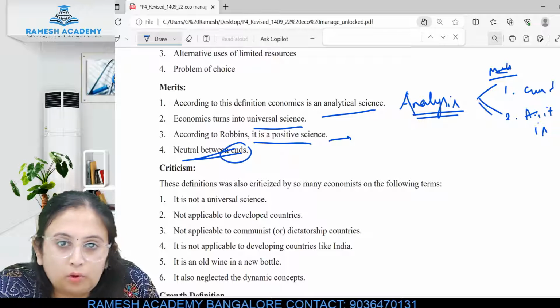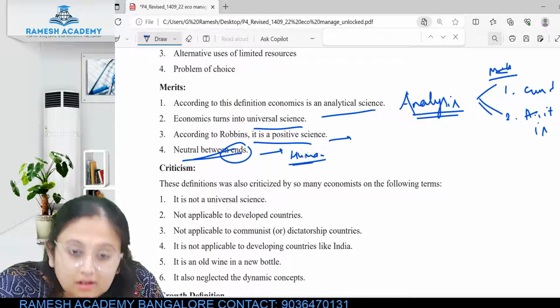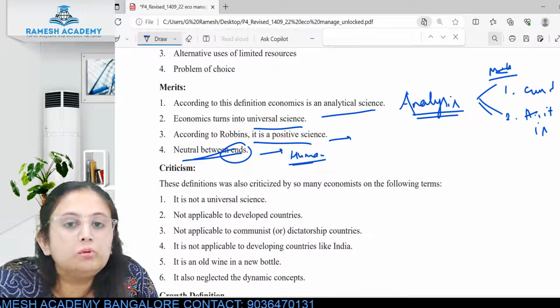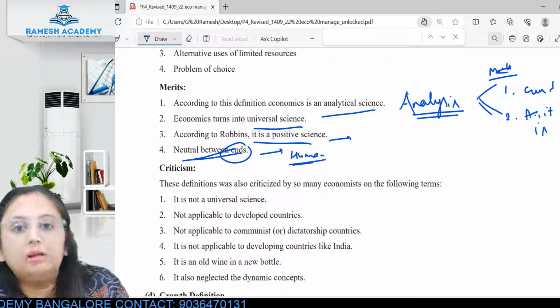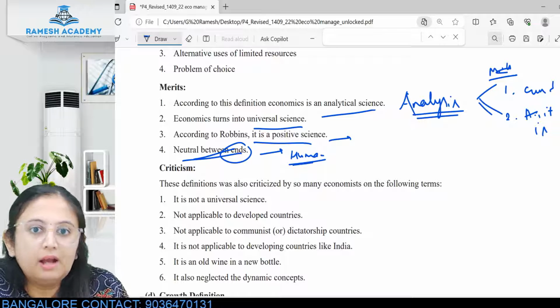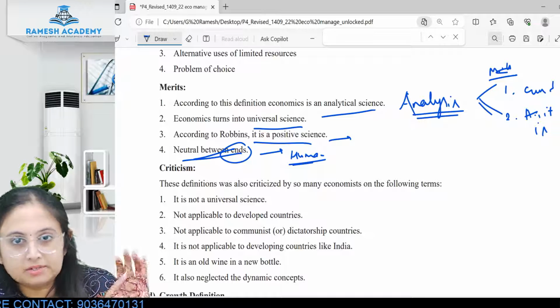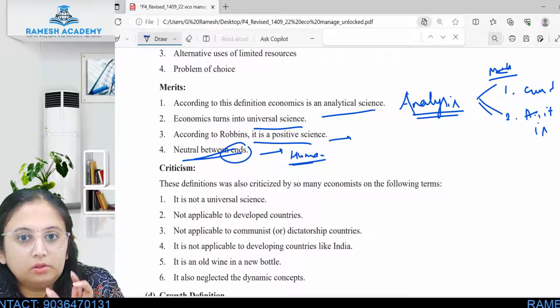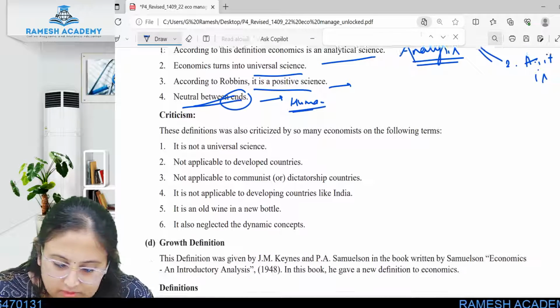End is a human want, what you want to achieve. Human wants are unlimited in number. So that is neutral between ends, and you have to choose. You have to choose which want I have to satisfy first. So these are the merits.